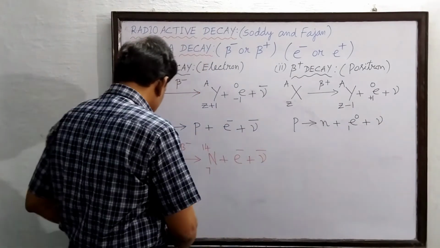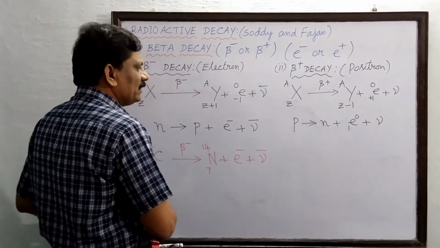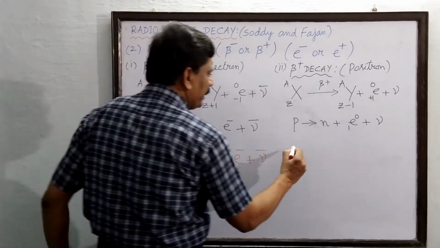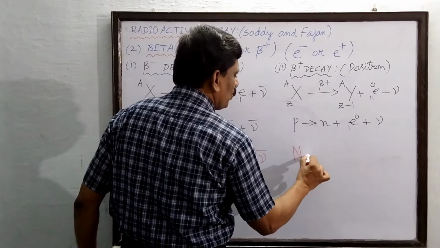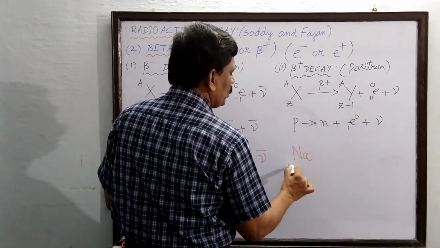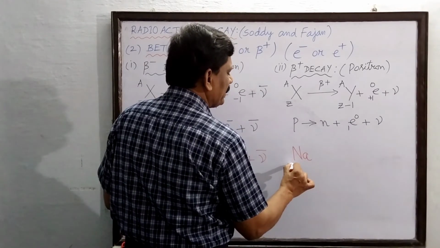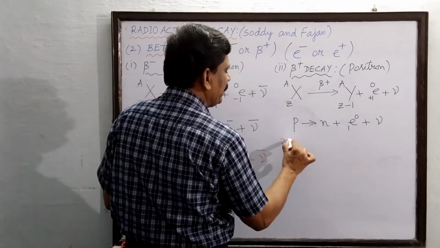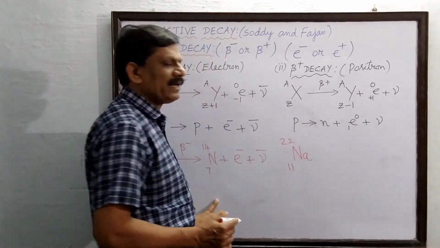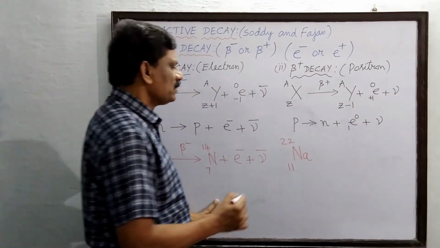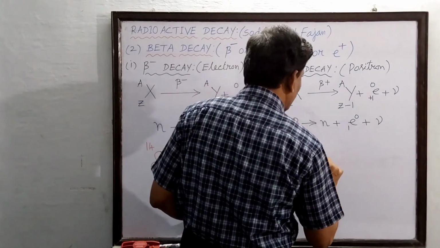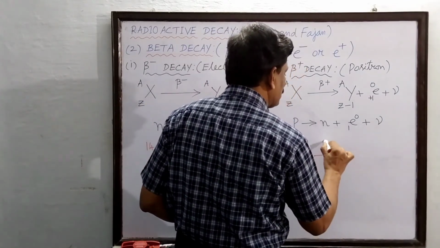So the best example for this we can take the sodium nucleus. One isotope of sodium, a radioactive isotope of sodium, is 11Na22. So these are all radioactive nuclei. This is emitting a beta plus particle, namely a positron.